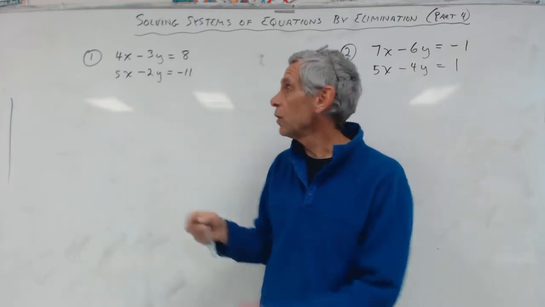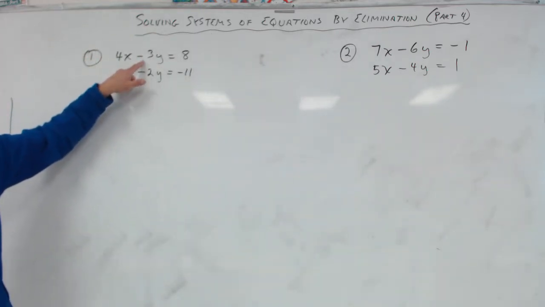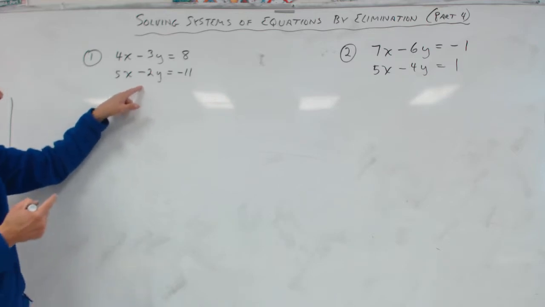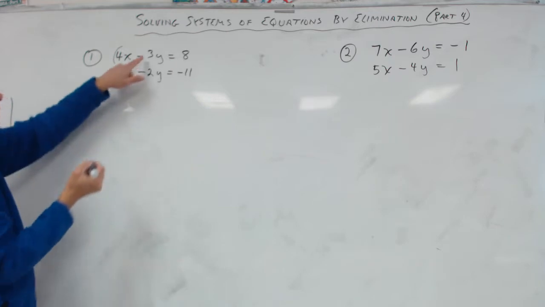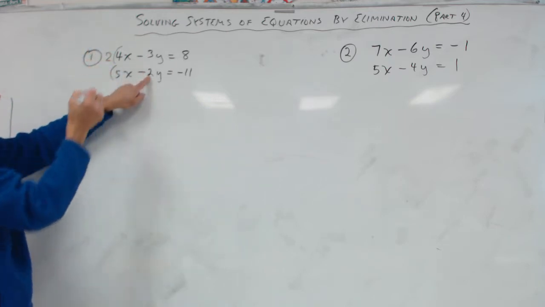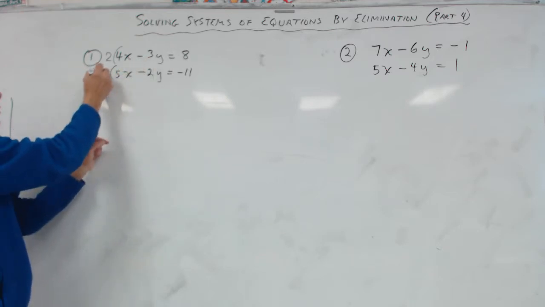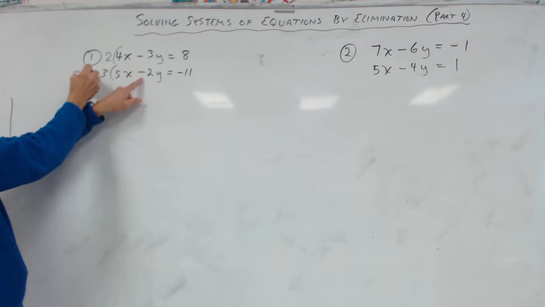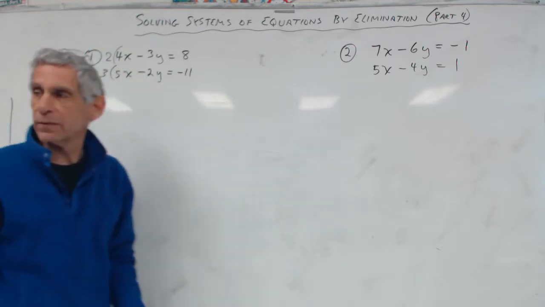So we want one of them to say positive 6 and one of them to say negative 6. Why don't we make this one positive, this one negative? So we'll multiply this by 3 times this 2, and this 2 times this 3. Only one of them has to be a different sign. Sorry, so we'll make that a negative 3. Does that make sense?